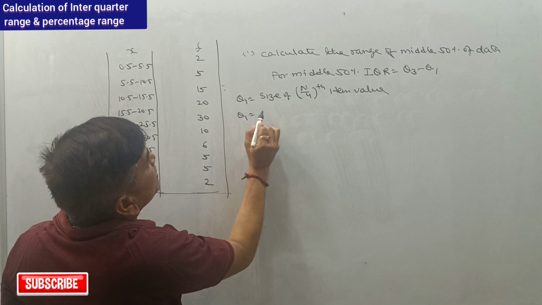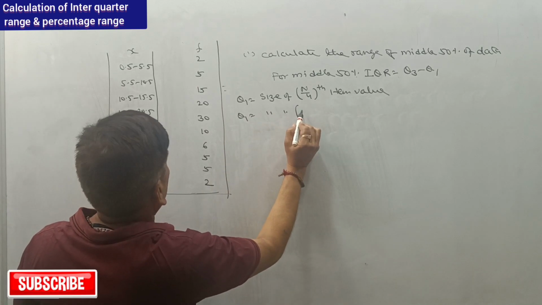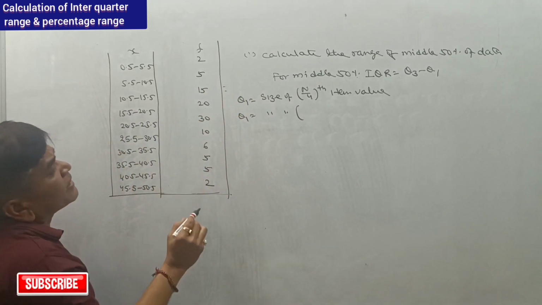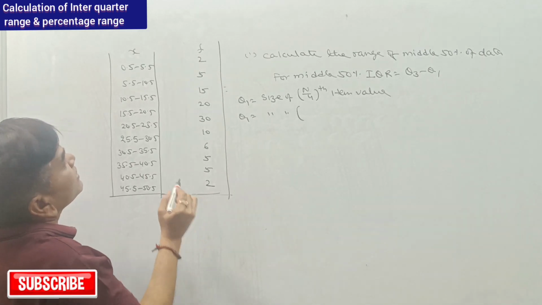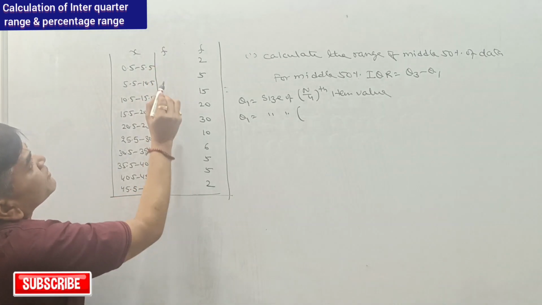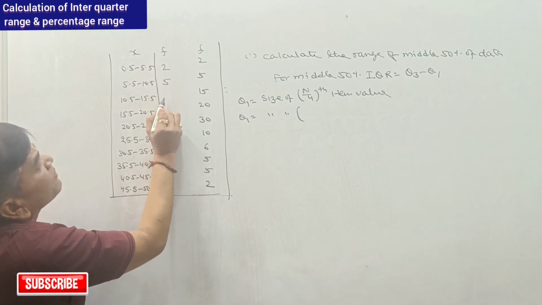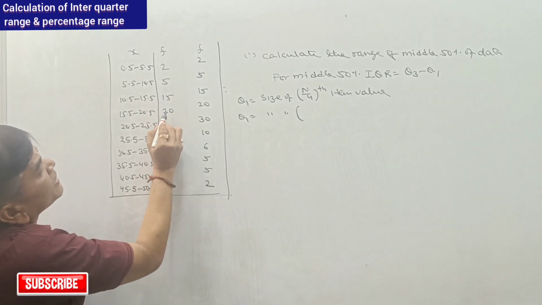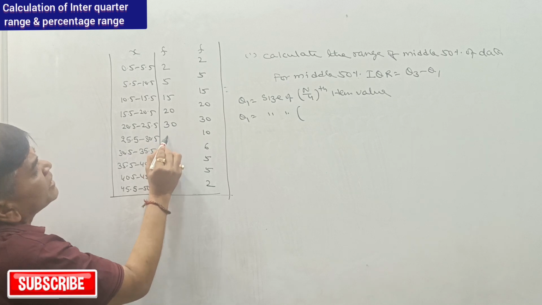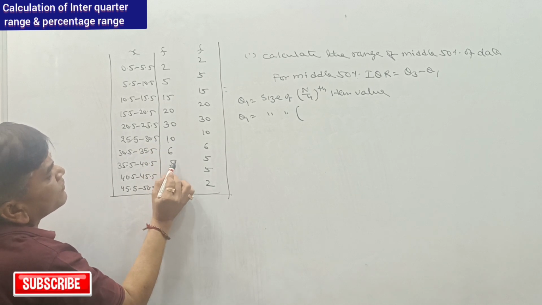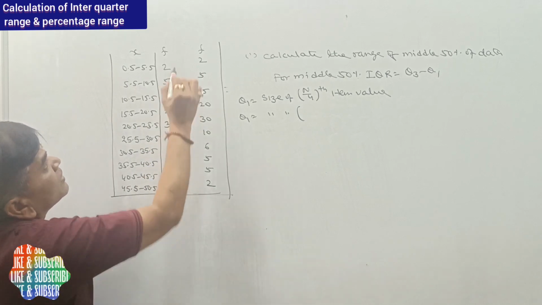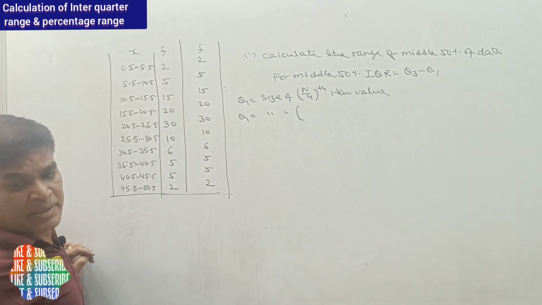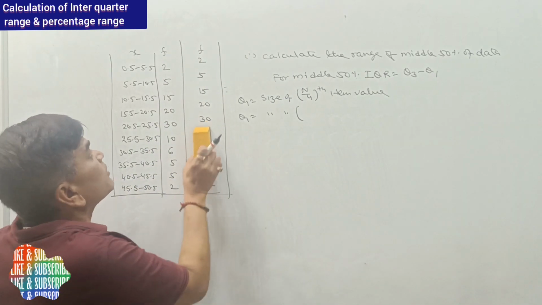First we have to calculate the cumulative frequency. So I am shifting the frequencies here: 5, 15, 20, 30, 10, 6, 5, 5, 2. Now I have to calculate the cumulative frequency.